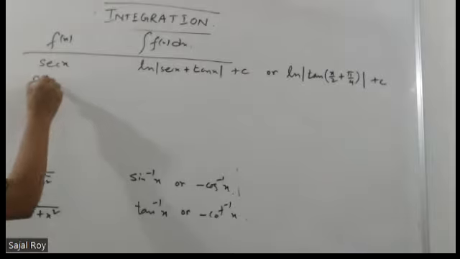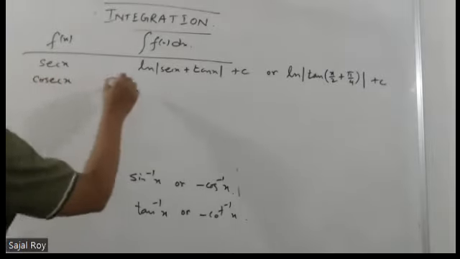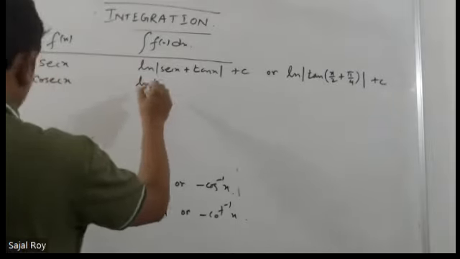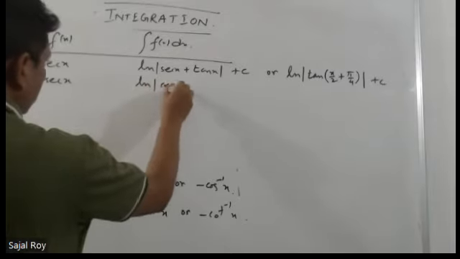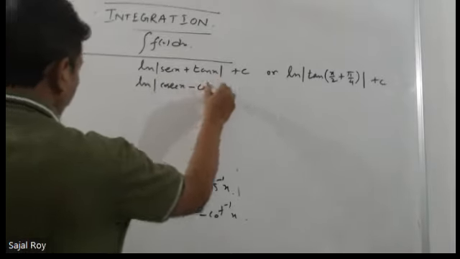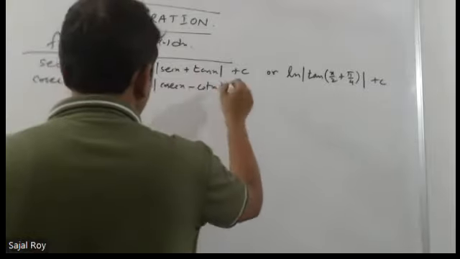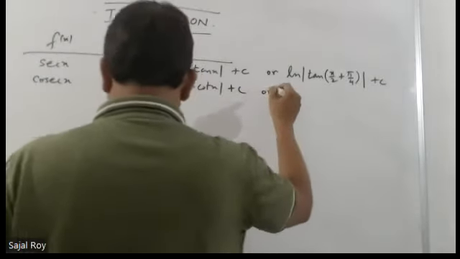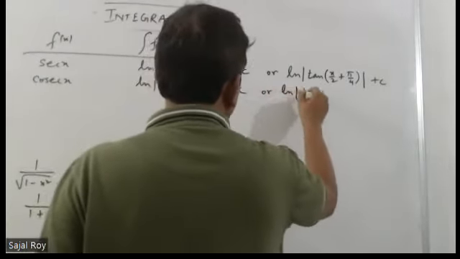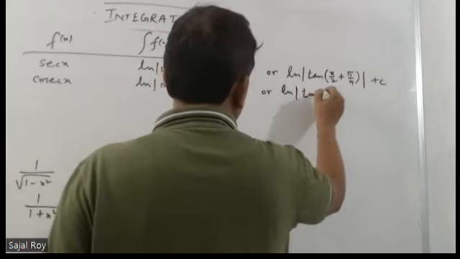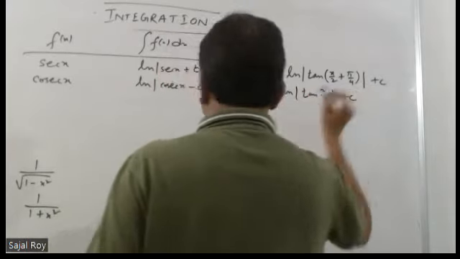Cosec x is ln mod cosec x minus cot x plus c, or ln tan x by 2 plus c.